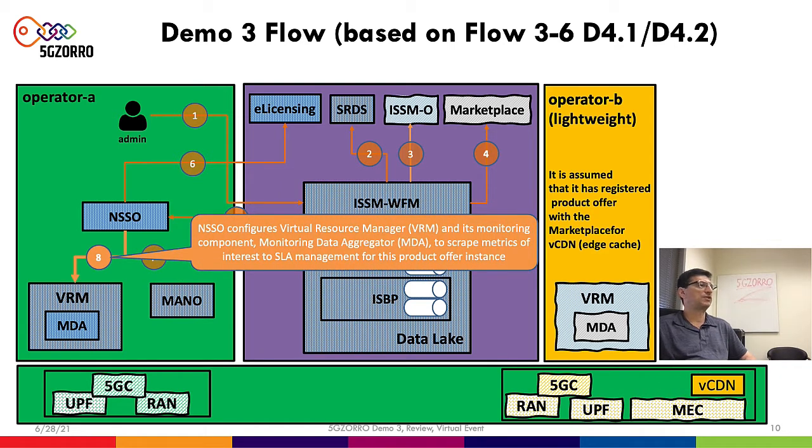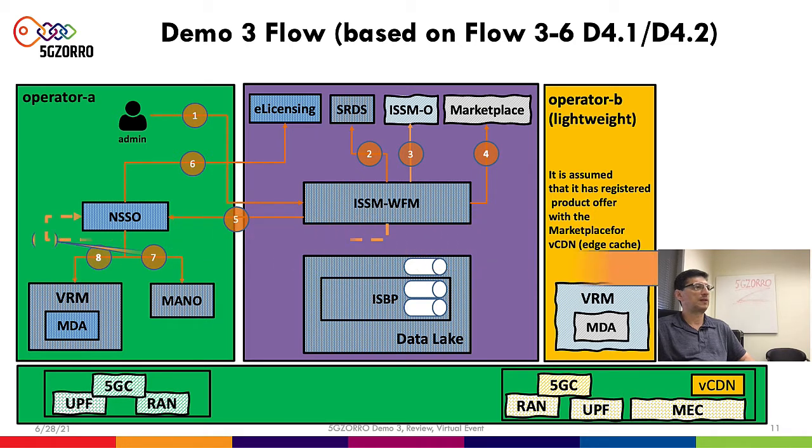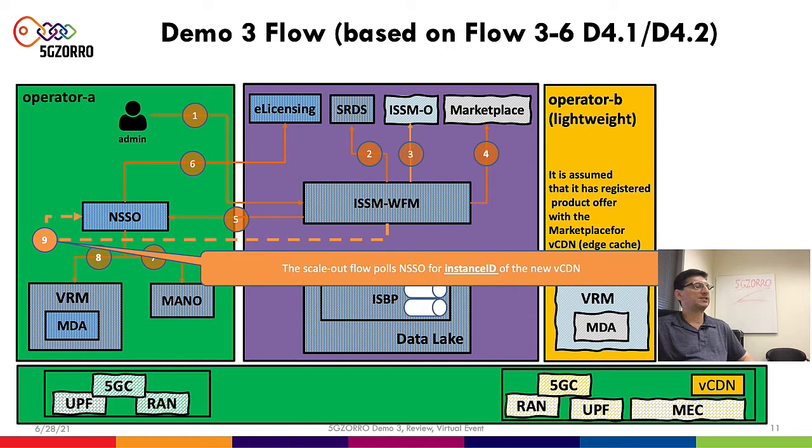NSSO configures Virtual Resource Manager, VRM, and most importantly, its monitoring component, Monitoring Data Aggregator, MDA, to scrape metrics of interest to the SLA management for this product offer. In the background, ISSM WFM polls NSSO for new instance ID of the newly created VCDN.